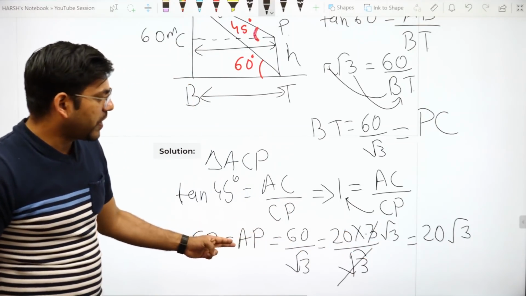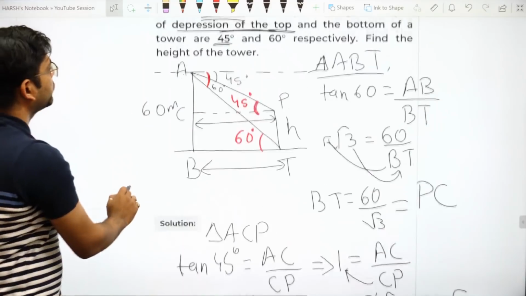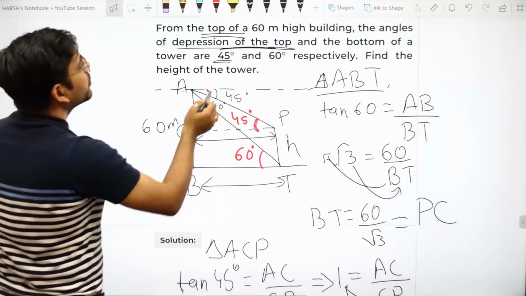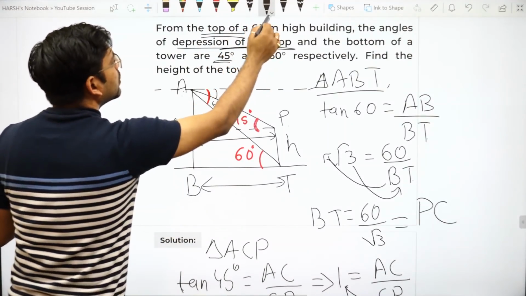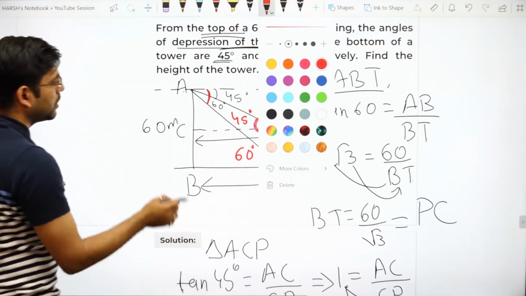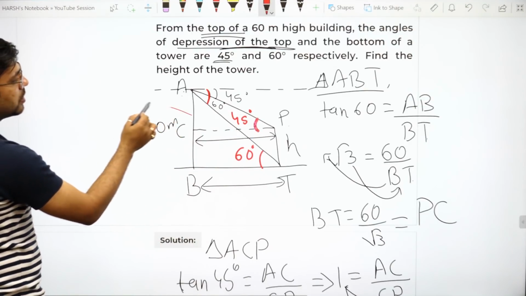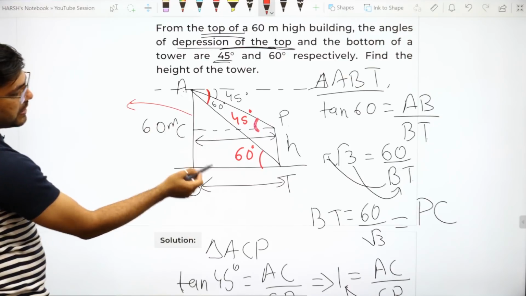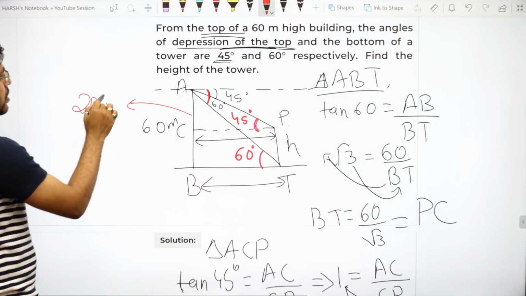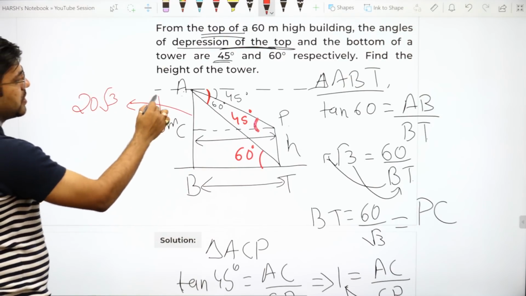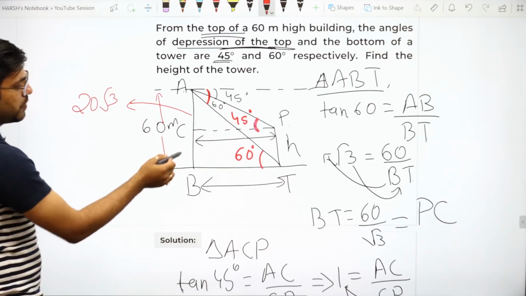Now we have got the value of AP, 20 root 3. Let me show you. I'm using another color. Let's use red. This AC is 20 root 3. And this whole is 60 meters. So we need BC.